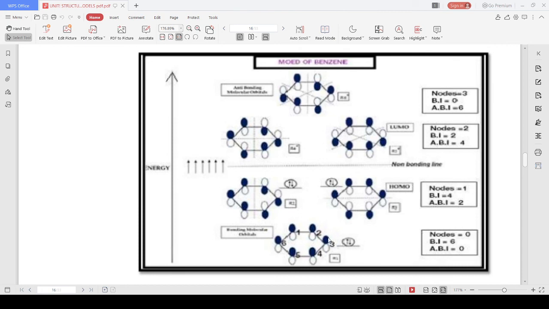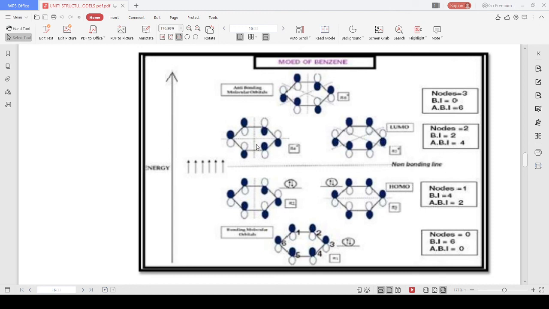Pi 1, pi 2, pi 3 are the bonding molecular orbitals, and pi star 4, pi star 5, pi star 6 are the anti-bonding orbitals.